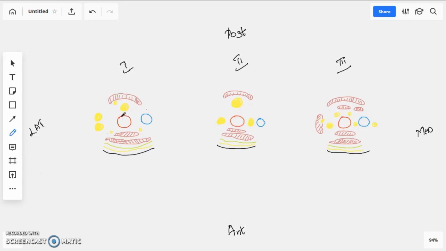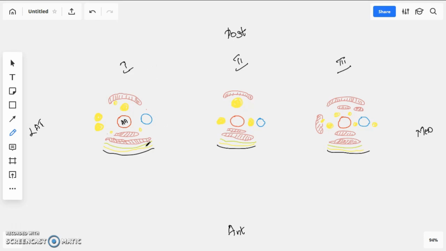As you already know, this red colored tube, the cut section, we will remember as axillary artery. Then we have anterior relation, posterior relation, lateral relation, and medial relation. First we will concentrate only on the first part of the axillary artery.